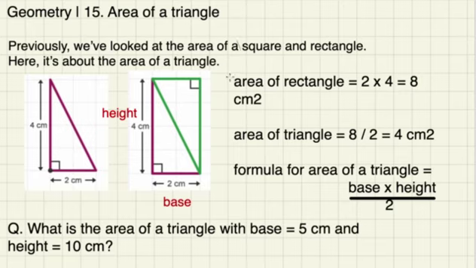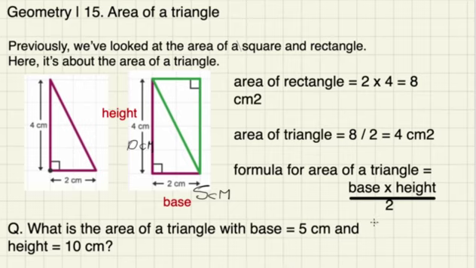So hopefully you've given this a go, and all you need to do is apply this formula over here. So let's have a look at this. What is the area of a triangle with base 5 and height 10 centimeters? We just apply this.